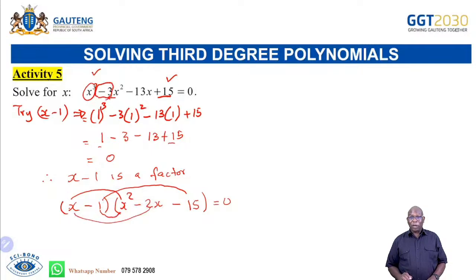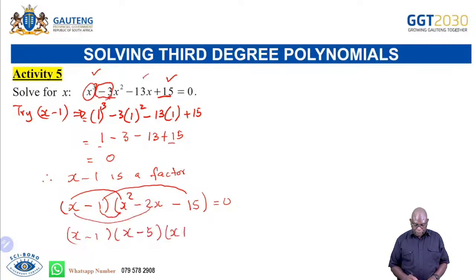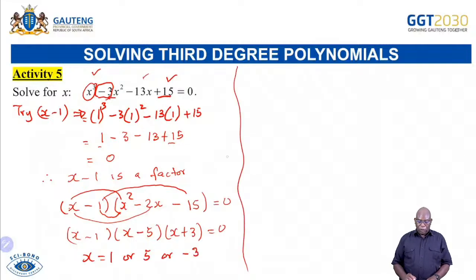So I can get minus 3x squared, and once I've done that, this one will come up. So x minus 1 times, minus 5 and plus 3 equals 0. Then x will be 1, or x will be 5, or x will be negative 3. Right, so this is by inspection.